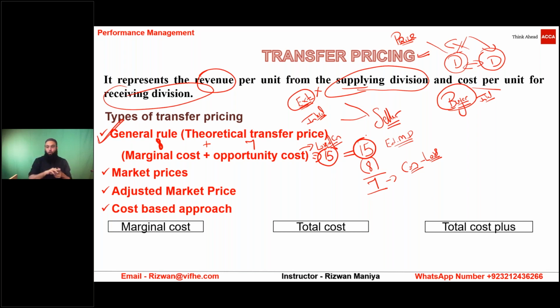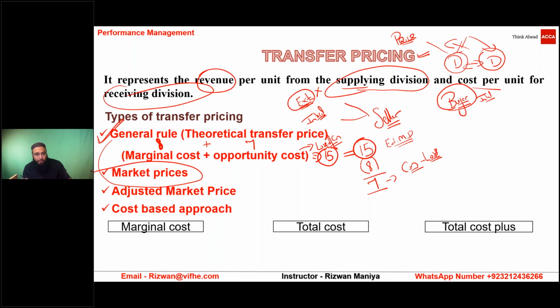So the general rule brings you back to the external price. Getting the point? Which means it brings you back to the market price. This rule is a theoretical rule and brings you back to the market price.